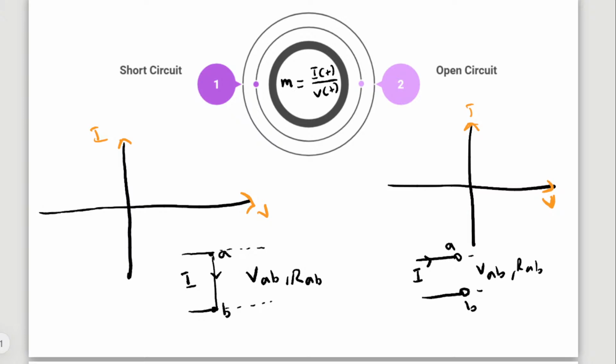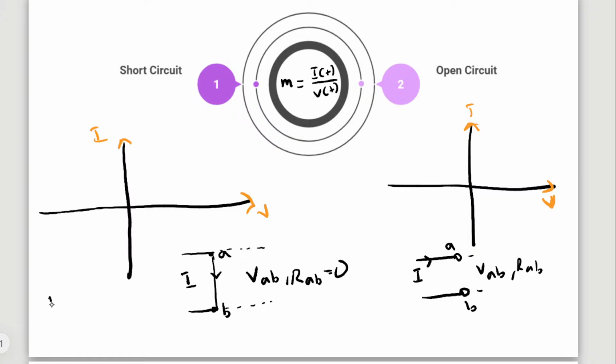In case of short circuit, what happens? The resistance across A and B will be 0.